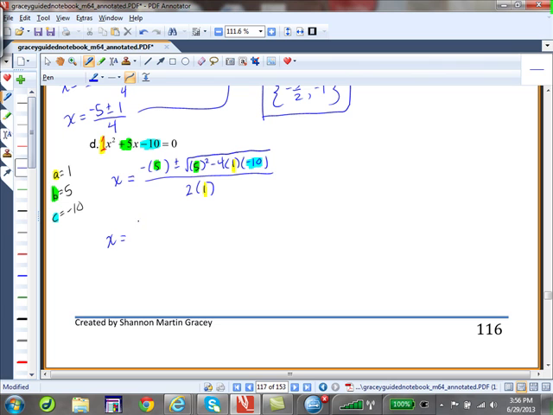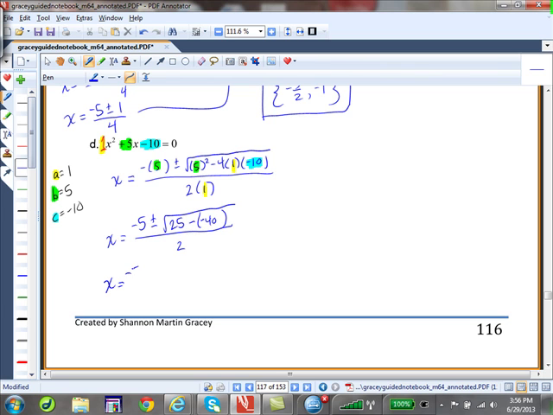So evaluating, we have negative 5 plus or minus the square root of 25 minus 40 minus negative 40. Be careful with your signs. All over 2.